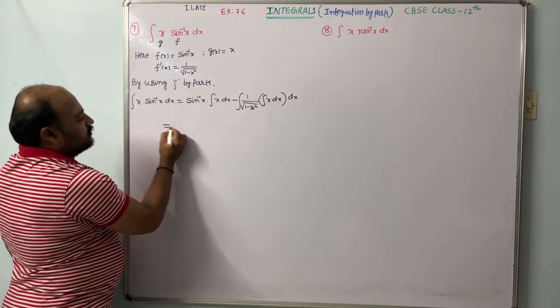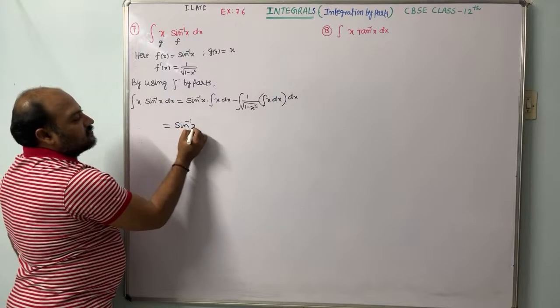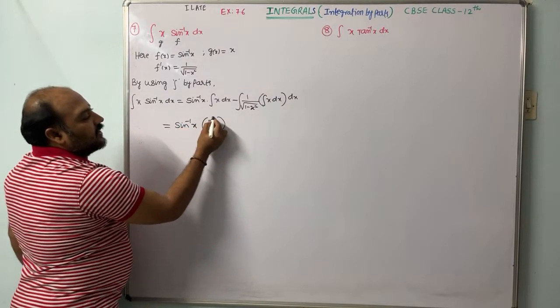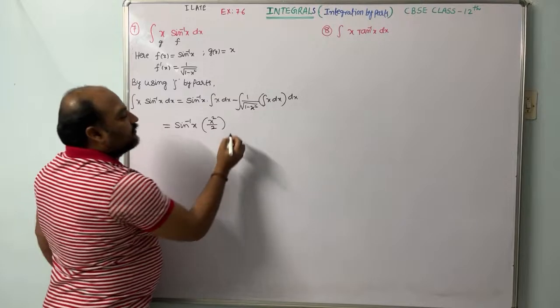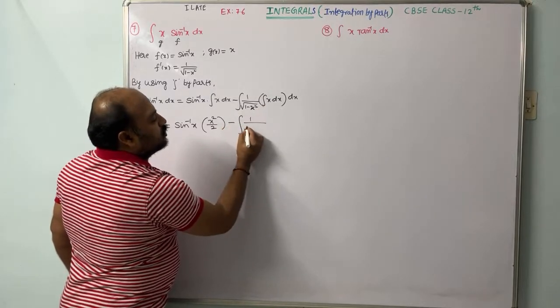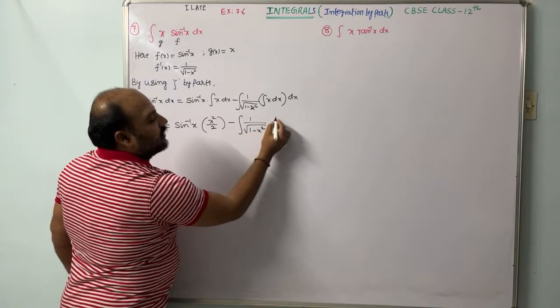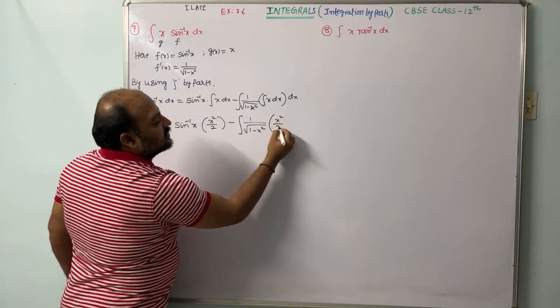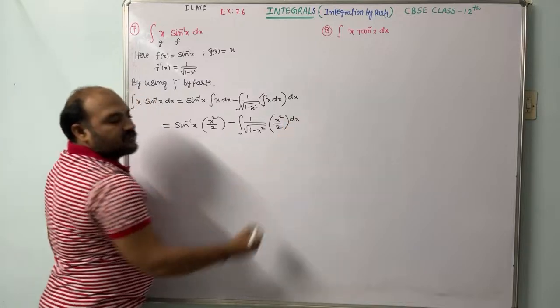Integral x dx is x squared by 2, so this equals sine inverse x times x squared by 2 minus integral 1 by root over 1 minus x square into x squared by 2 dx.